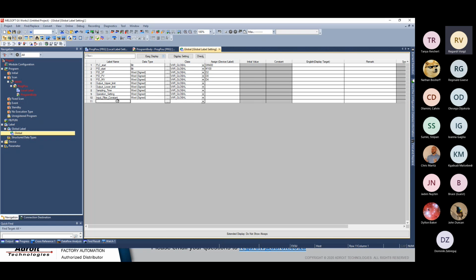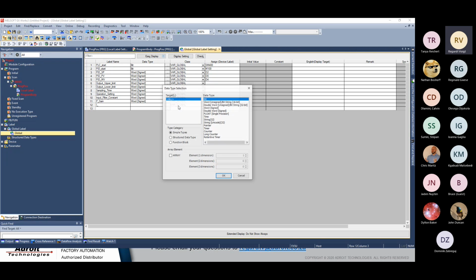And then the most important, I would say, or some of the most important signals would be your gains, the PID gains, and your D time. So we have your P gain, which should be a word. Then your I gain, which should be a word as well.